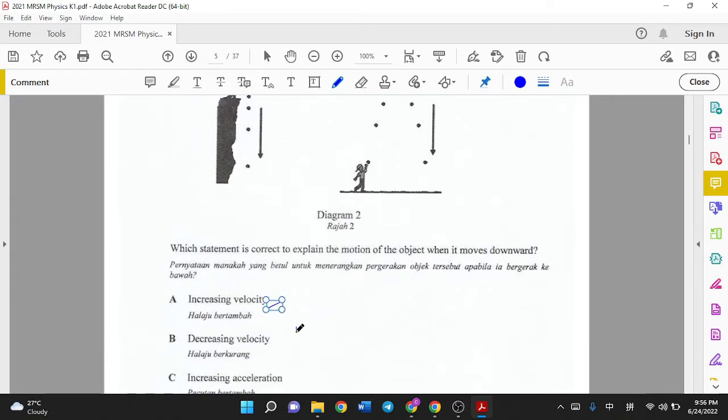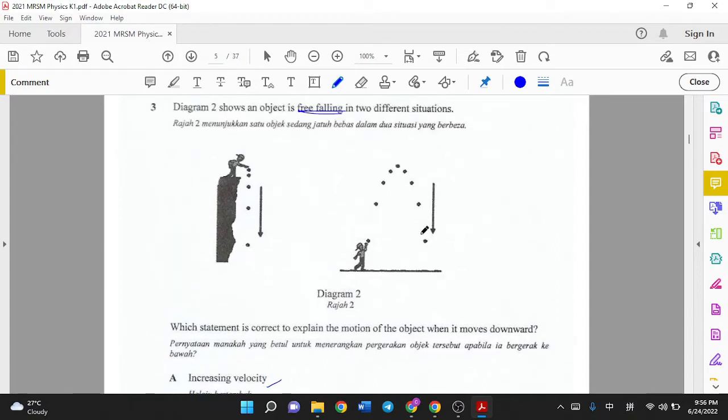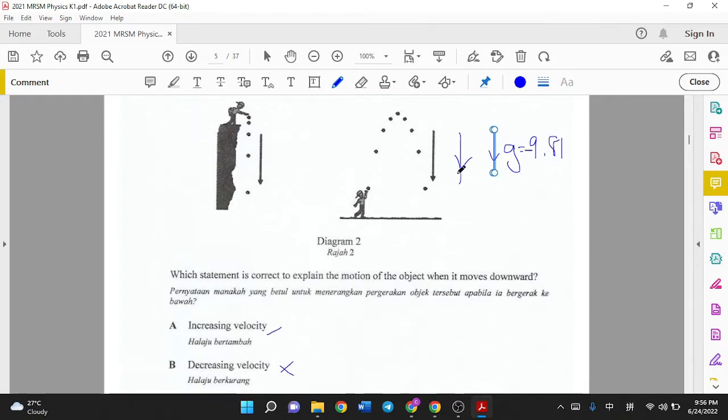Okay, decreasing velocity, no, because your gravitational acceleration is acting downward. Your gravitational acceleration is 9.81, and because it is pointing downward, it should be negative. And because it is pointing downward, when your object is also falling downward, it should be increasing.